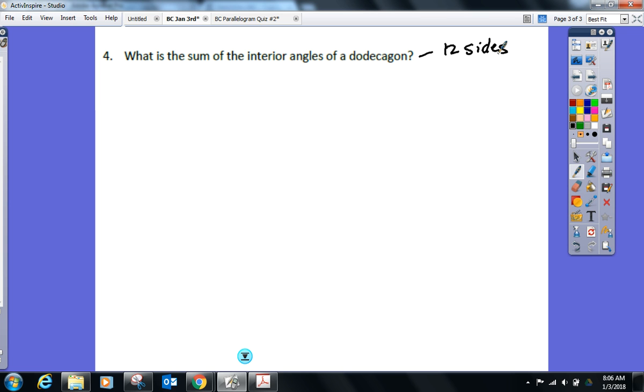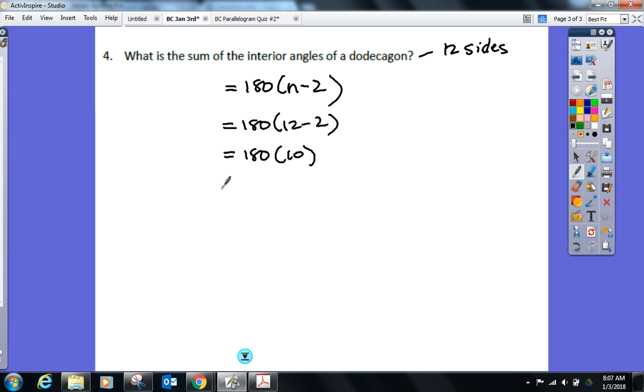Sum of the interior angles. What's the formula I'm going to need? 180 times n minus 2, where n is what? 12, the number of sides. Yep. So 180 times 12 minus 2. 180 times 10. What are we looking at? 1800. Add a 0 on there.